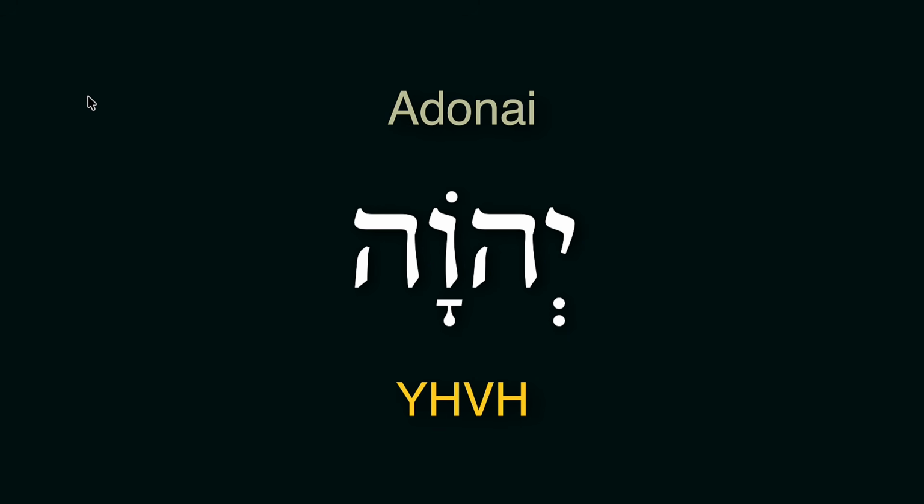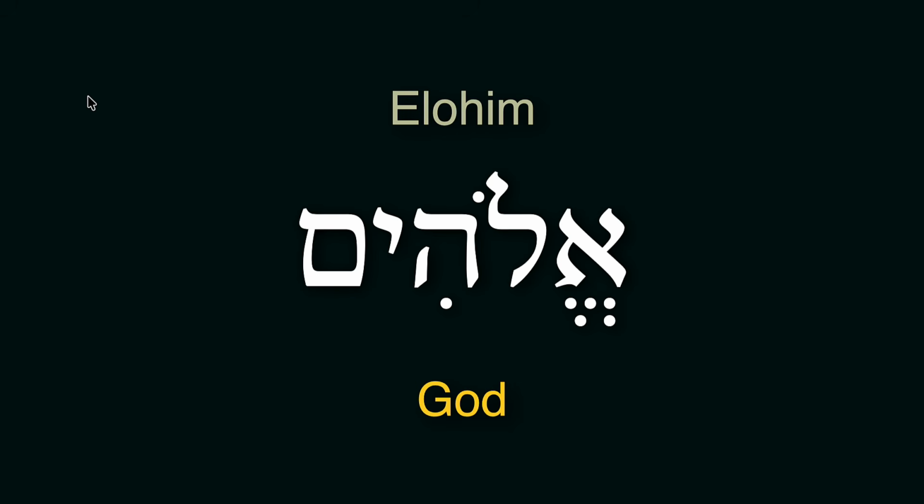The first one is Hashem, YHWH, Adonai, which occurs 6,828 times in the Hebrew Tanach. And the next name is Elohim, which means God, and this occurs 2,600 times in the Hebrew Tanach.